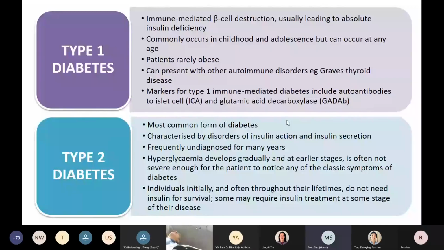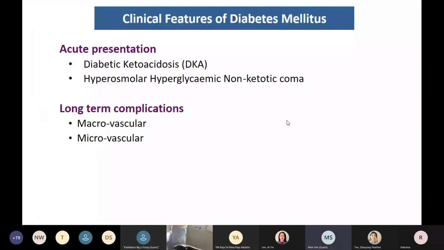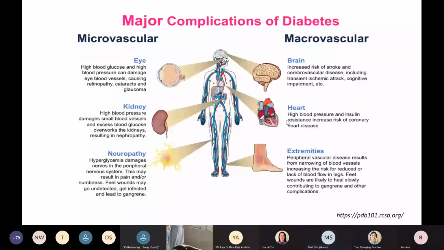Patients with diabetes can present acutely with DKA or diabetic ketoacidosis. They can also present with hyperosmolar, hyperglycemic, non-ketotic coma. However, of greater significance and global concern is the fact that a significant number of them can present with long-term complications. And these long-term complications can be macrovascular or microvascular in nature. Microvascular complications of diabetes include eye complications.